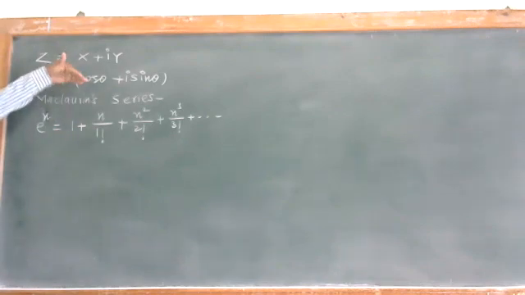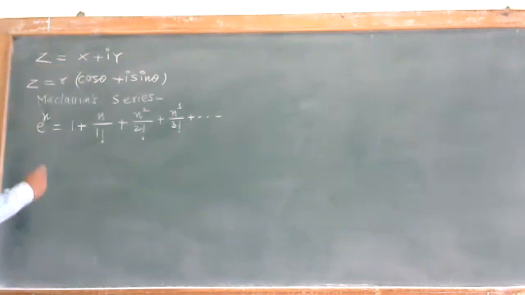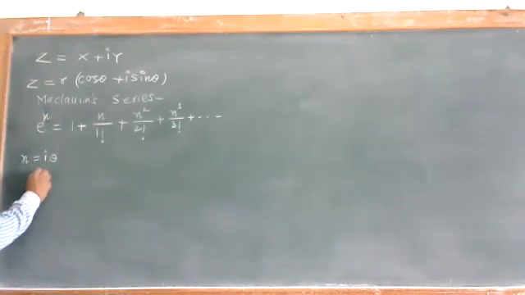So in order to obtain this exponential form from your polar form, we'll just use the condition, let us say n is equal to i theta.